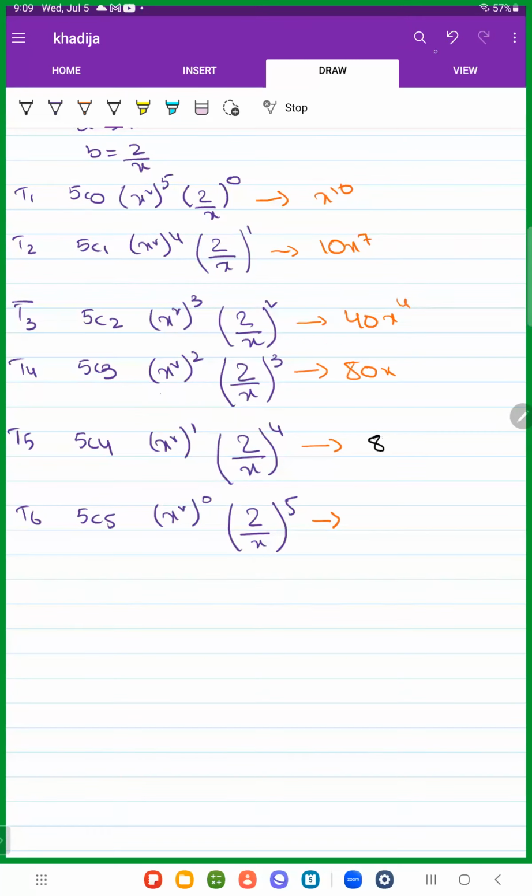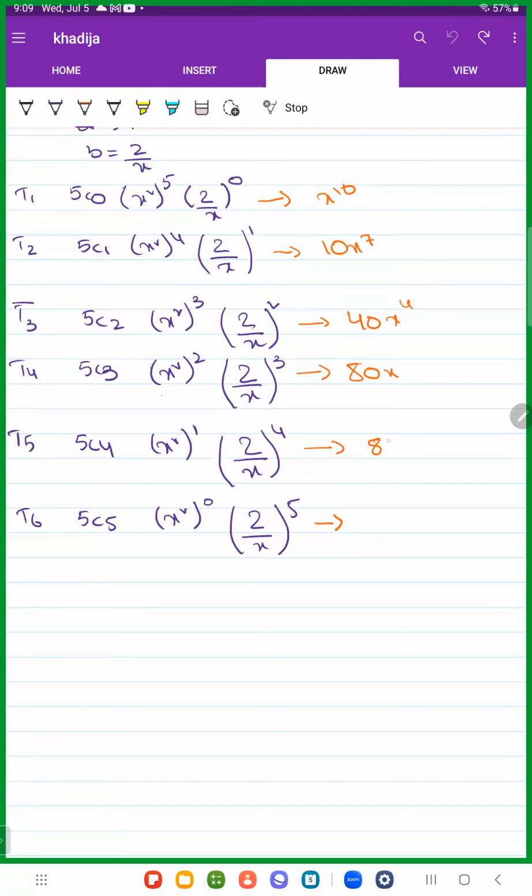And the last one I'll just finish. The last one will be 32 over x to the power of 5.